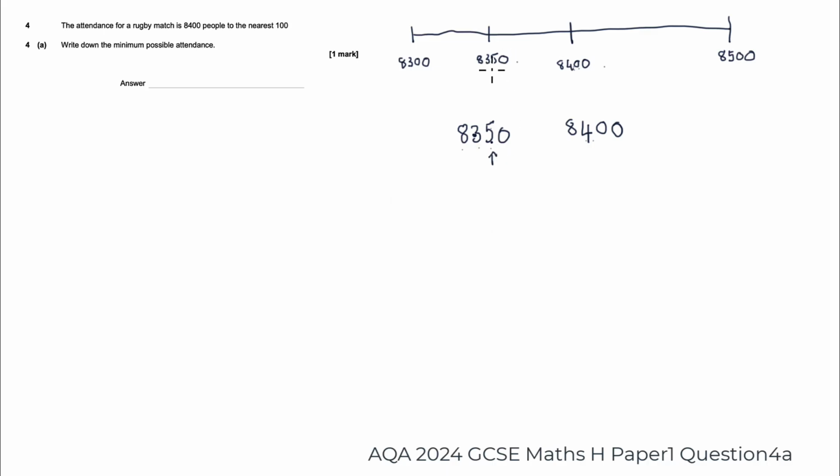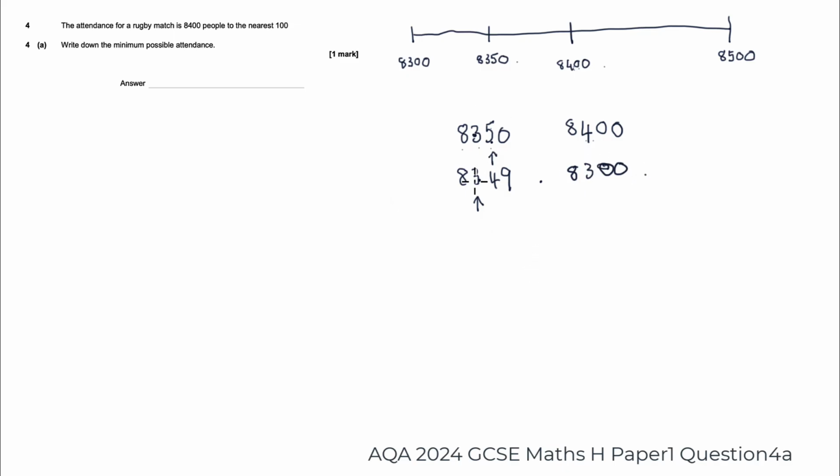So anything below that, suppose we had 8,349 for the attendance. When you round that off to the nearest 100, you're chopping a 4 off. That 3 would stay as a 3, and you'd get 8,300.